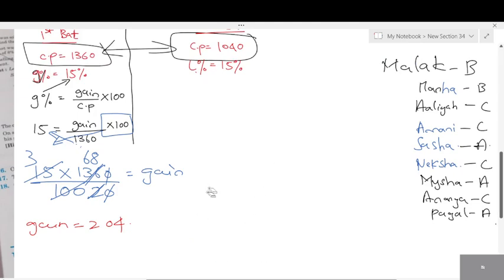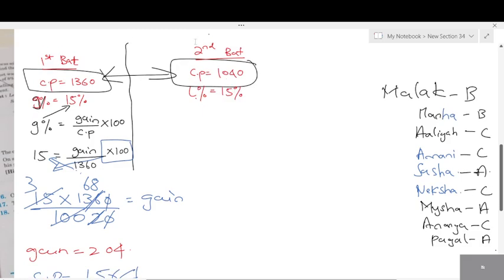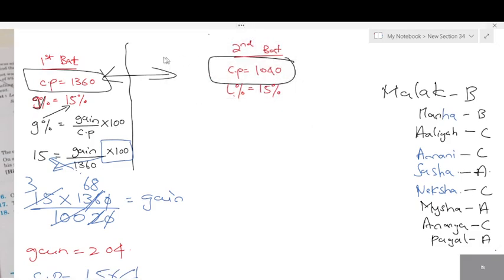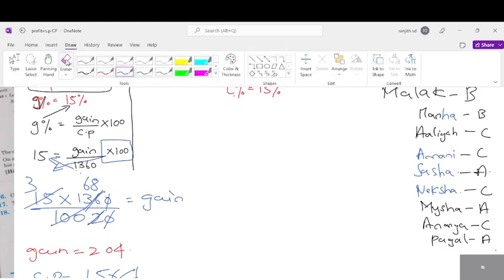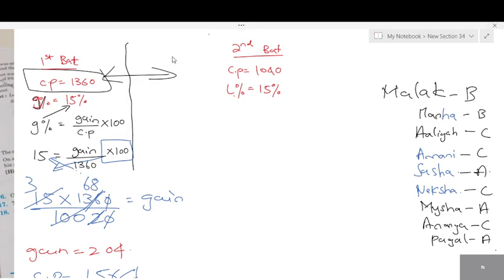Yeah, 1564. Okay. Now we all might understand the concept. Selling price of the first bat we found, students. Let's find the selling price for the second bat. Cost price is given, loss is given. If loss percent is given, what formula do I need to use for loss percent?